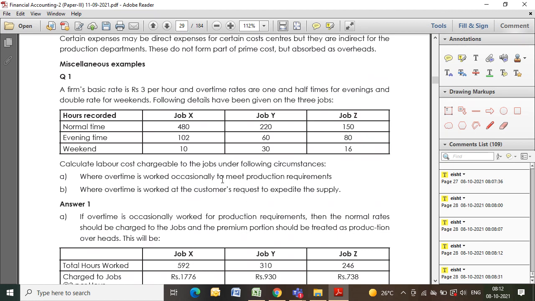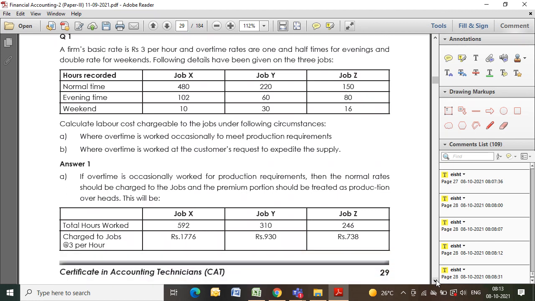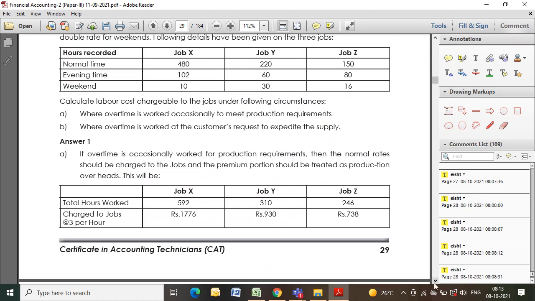Now we know that this is 3 per hour, so we will use this normal rate for the normal time. So job X, if you use all this, comes to 592, same here 310, and same here 246. So normal job is this much, which you multiply by 3 rupees, and you get the normal rate.